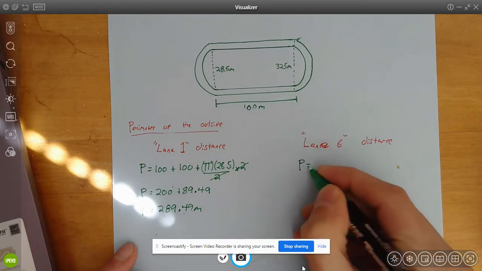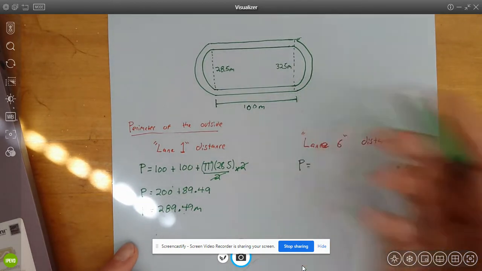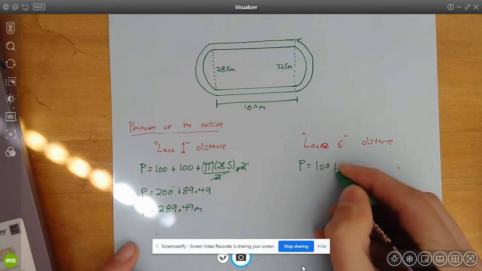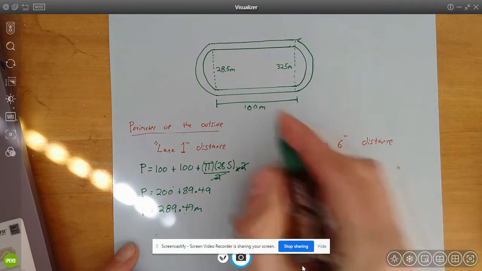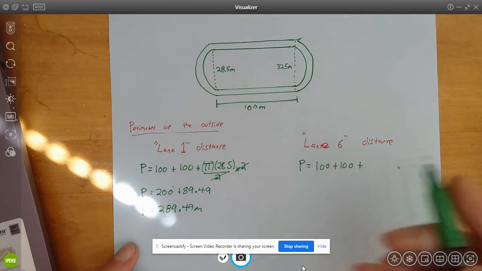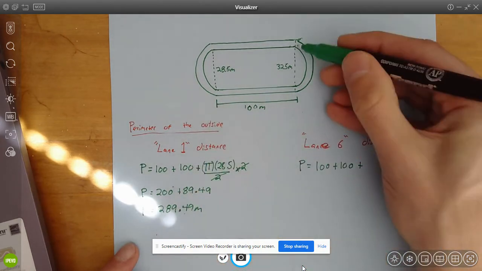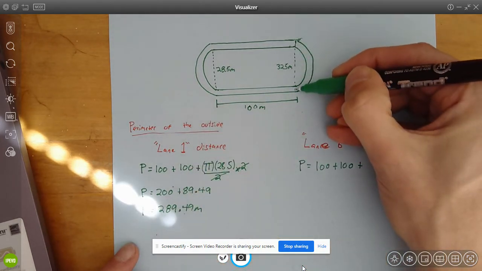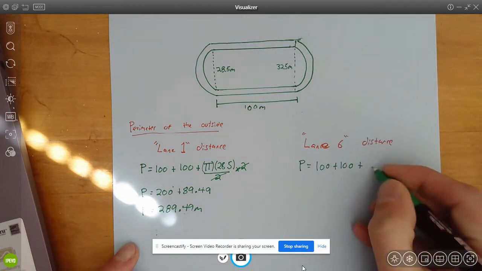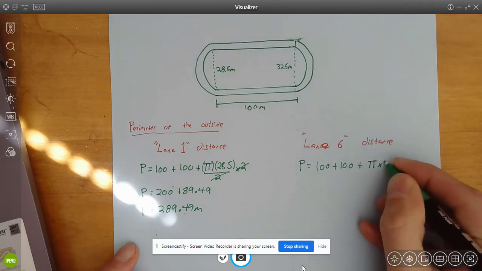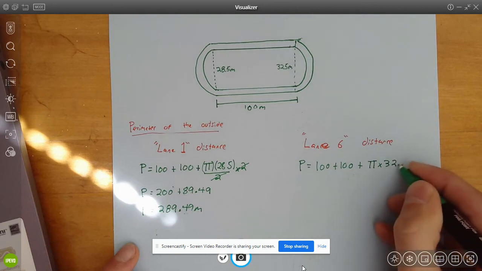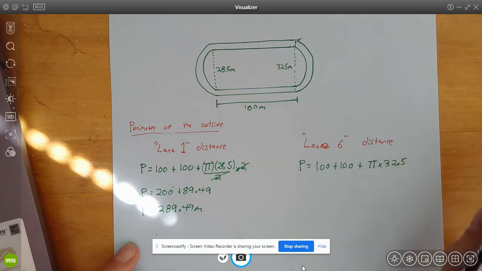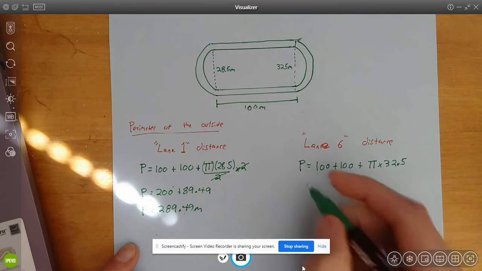What if I, for some reason, was running on the outside of the track? How much more would I have to run? Well, again, it's going to be 100 plus 100. The straightaway is the same, regardless of what lane I'm in. But now the outside diameter is this whole distance, 32.5. So I'll do pi times 32.5. And again, because I have two semicircles, that's the same as finding the circumference of just one circle.